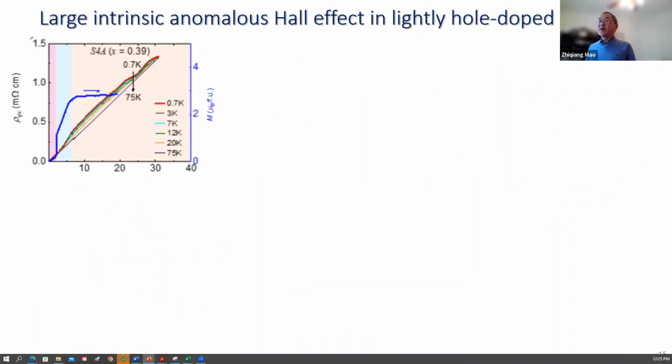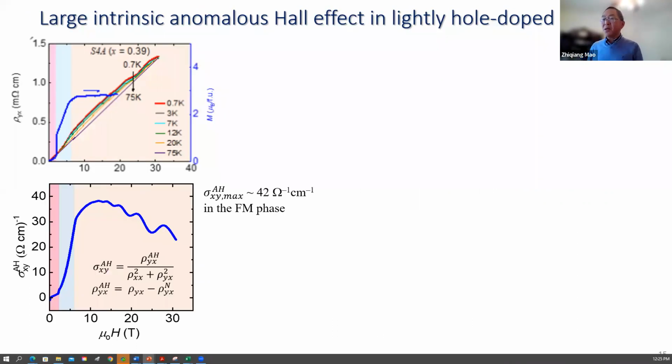So now let me show the second evidence of a large intrinsic anomalous Hall effect. That's a typical signature of a Weyl state. The data shown here is from a moderately hole doped sample, Hall resistivity at different temperatures. This is the field. We first need to subtract the normal Hall contribution.